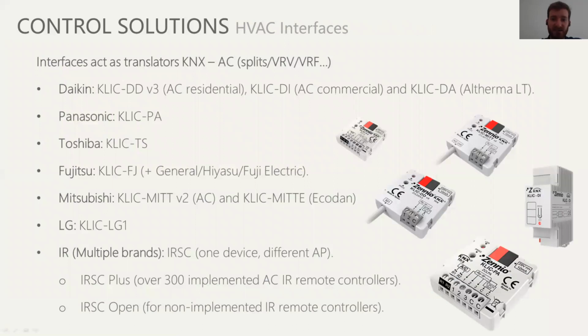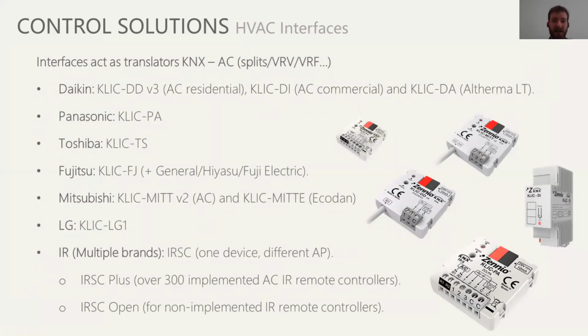Now, the interfaces. As I said before, the controllers we've been seeing so far are meant to control fan coil units, where you directly operate the valve and the fan speed via relays, via 0 to 10 volt, or via dry contacts. And now we get into the interfacing.